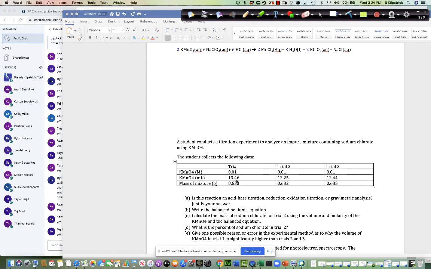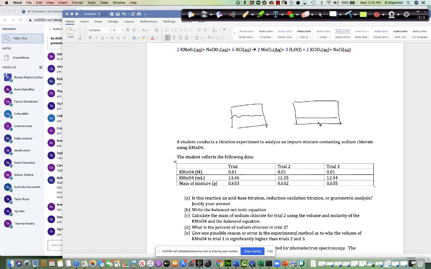I think I had a lot of people say something about evaporation. So if you had a sample and you're titrating it, let's say that you have a beaker, and then the volume of the beaker goes down. However, that doesn't cause this particular error where you are adding more potassium permanganate, because the amount of moles doesn't change even if you evaporate the water out.